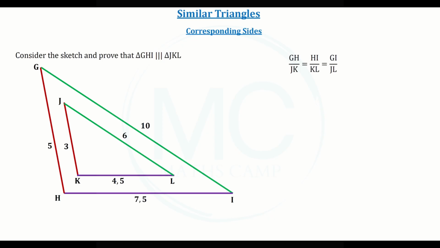Let's start with GH, the red side of the larger triangle, and the corresponding side of the smaller triangle, JK. So we can say GH over JK is equal to, GH is 5 units long, so we can say 5 over the length of JK, which is 3.